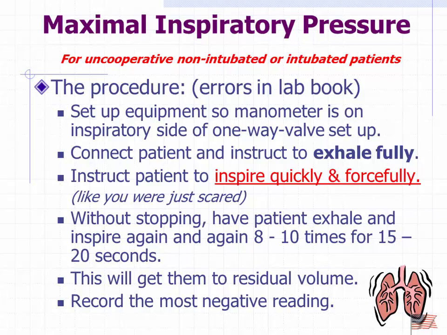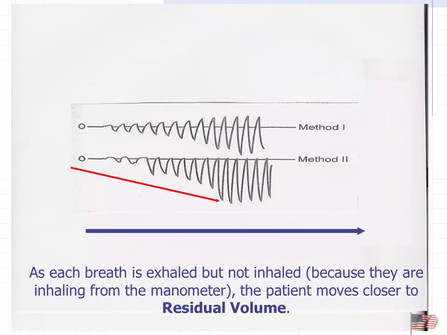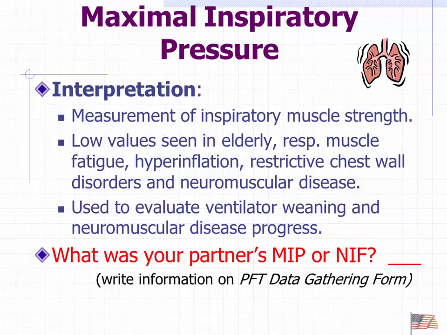And each time they take a successive effort, it's going to become more negative. So again, what we're trying to do is have them generate a maximal amount of pressure in. Again, they can't get any air in, but they can still exhale in the process. It gives us a handle on their inspiratory muscle strength.